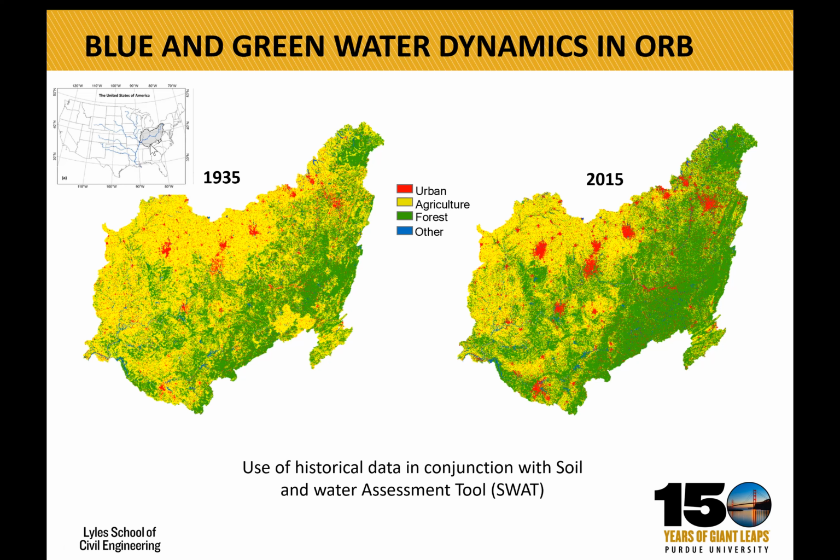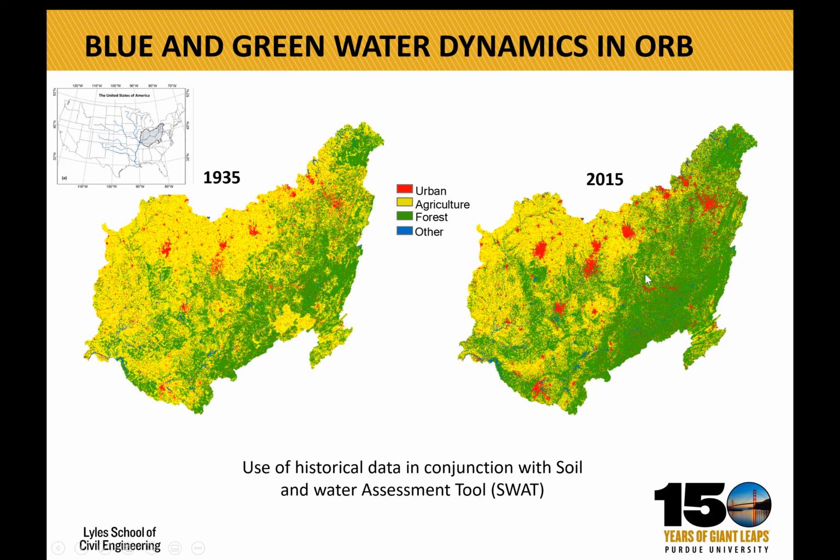So what you see on this slide are land use in this basin from 1935 and 2015. So we have two snapshots, and you can see the land use has changed significantly between these two timestamps. So we see increase in impervious cover or urban land.